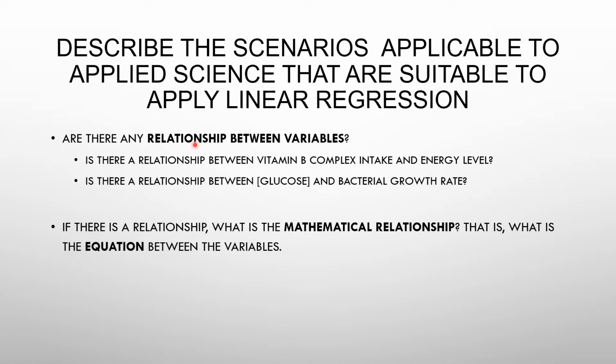Or in microbiology, is there a relationship between the glucose concentration in the media and the bacterial growth rate? If there is a relationship, how do we describe this relationship in a mathematical form, in an equation? So what we are trying to do is find the equation that links up these variables. Okay? That is linear regression.